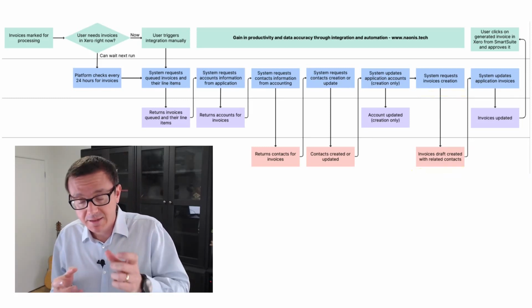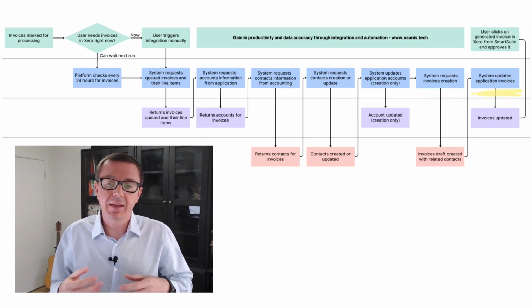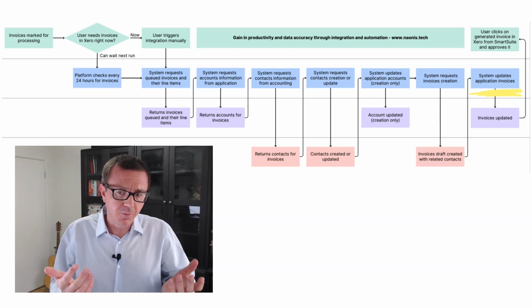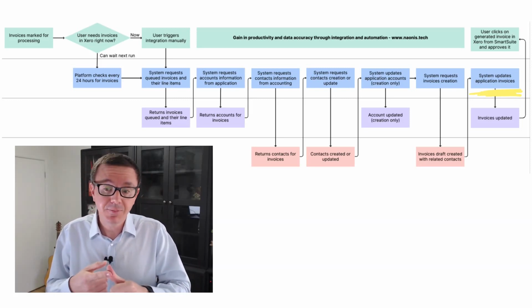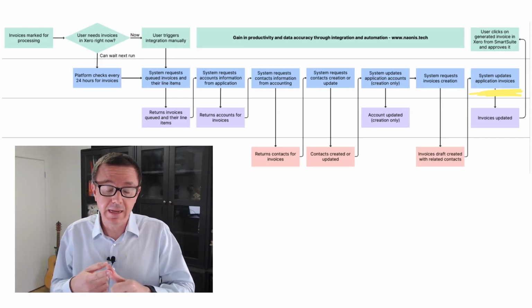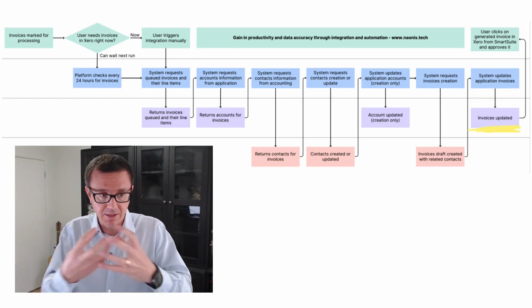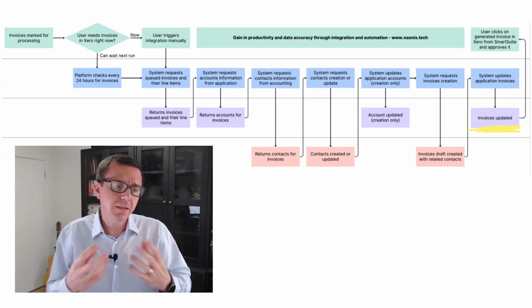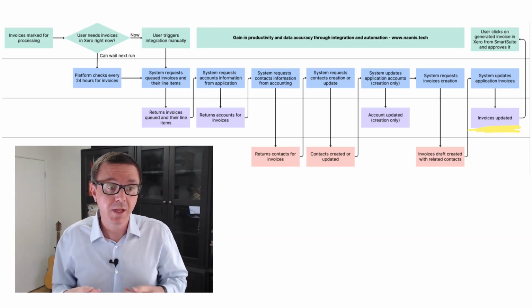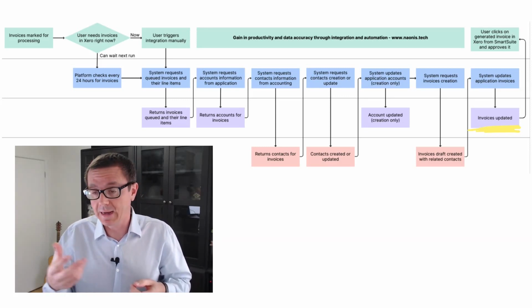Now, the last step that we need to do is store some information back into the CRM. And normally, what I would suggest to store is the actual ID of the record in SmartSuite, of the record matching in Xero, so that in SmartSuite you have the reference back to the accounting software record, and then some other information that might be useful for the seller or the accountant as well.